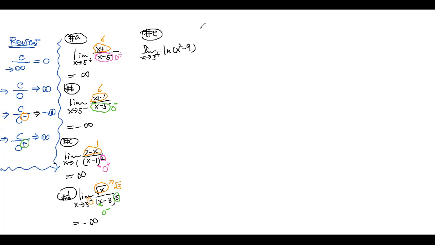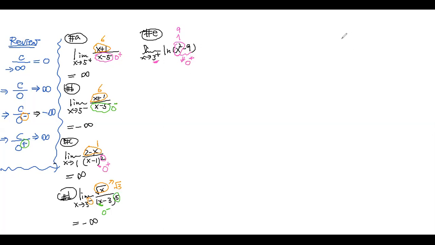Think about it: x is from the right-hand side, which means x squared is always greater than 9, so x squared minus 9 approaches 0, but it's always positive because x squared is greater than 9.